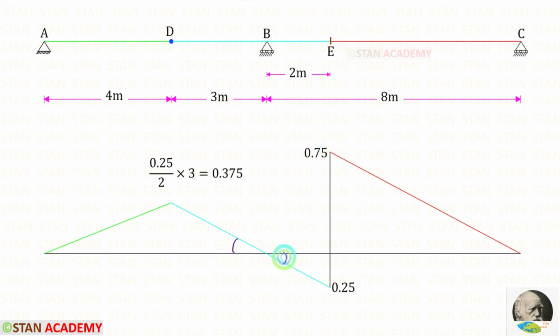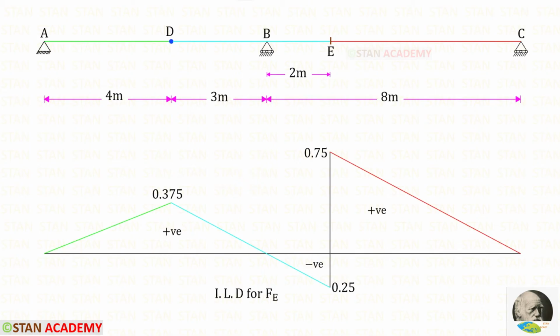These two angles are same. Using that, we can find this height. For the distance of 2 meter, the height is 0.25. But we need the height at the distance of 3. In this way, we will get 0.375. This is the ILD for the shear force in the point E.